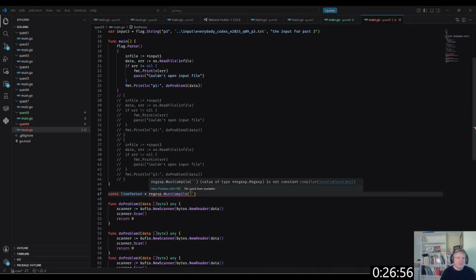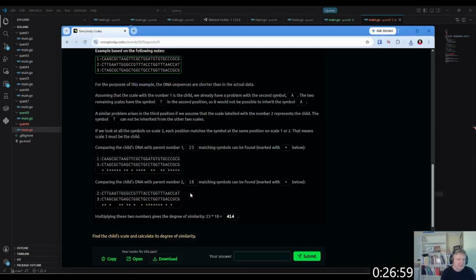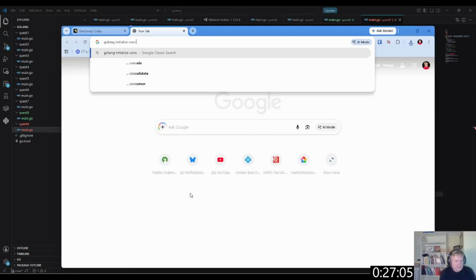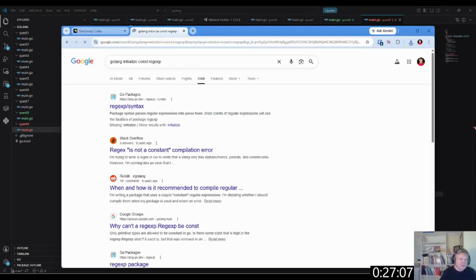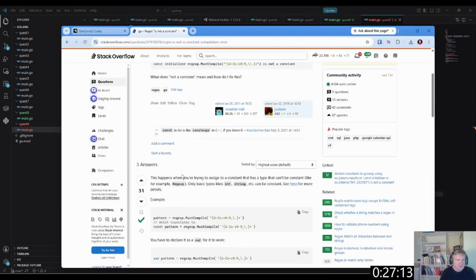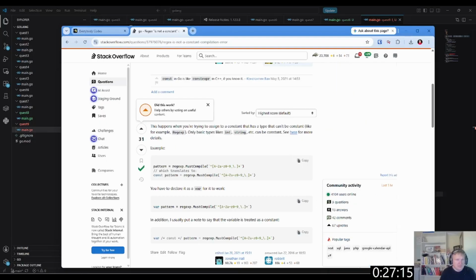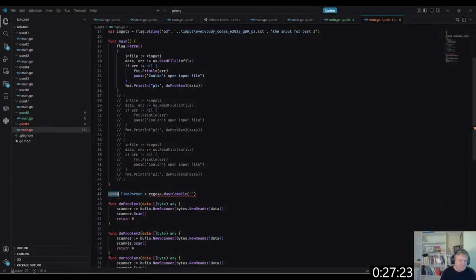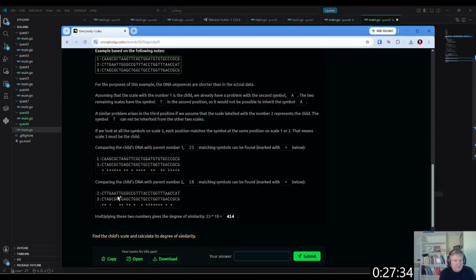Okay, is there a way to initialize a construct in a regex? Okay, the answer is no. Okay, so what is this?